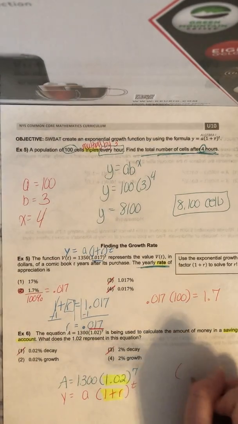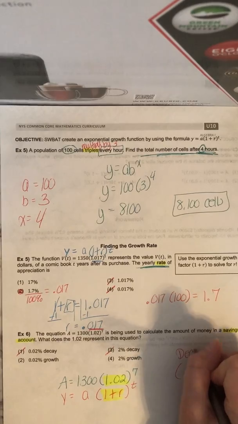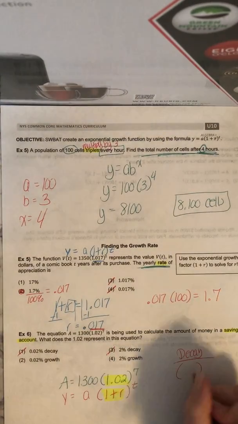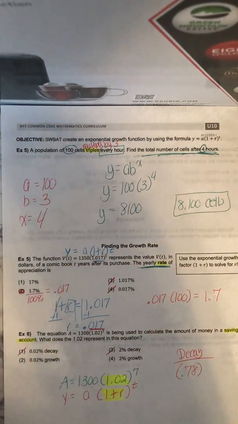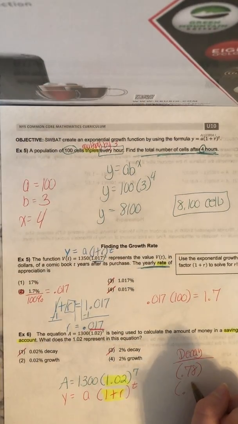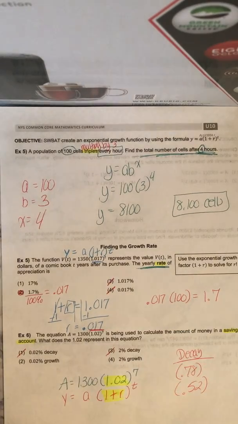Like in parentheses, if it was decay, it would have to say something like 0.78, maybe 78 cents. That's less than $1. It would have to say again something like 0.52. It would have to be less than 1, okay? So over here, I know it has to be choices 2 or 4.